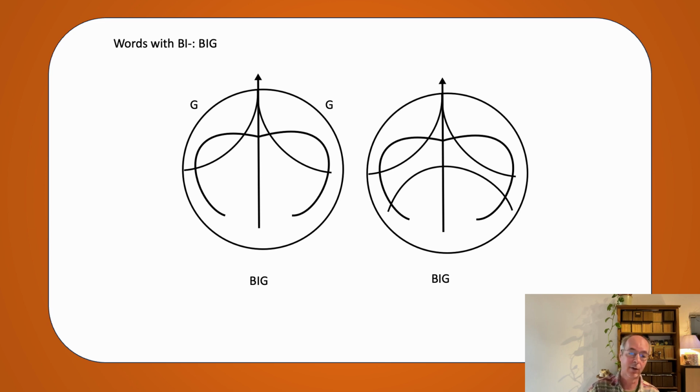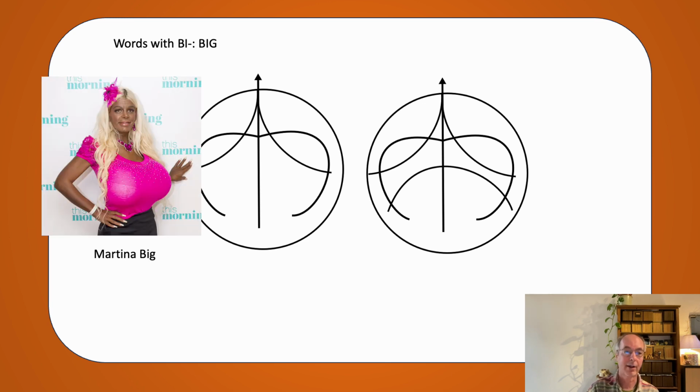And if I look up something on the internet that I want to show you as a very good example of BIG, you have, of course, Martina BIG. Martina BIG is the best of all the extensions, also in the personality. I mean, some people think, okay, this crossed the line. This is no longer possible.